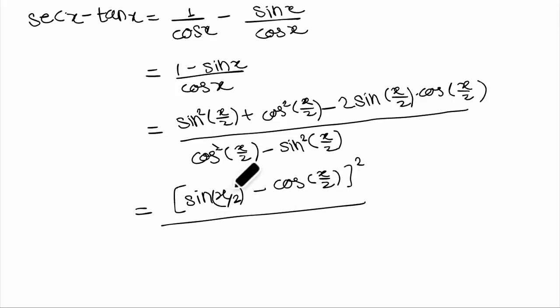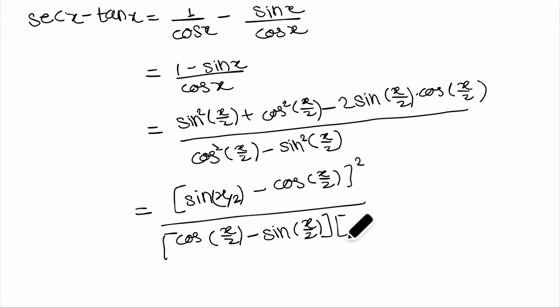In the denominator, it can be written as (cos of x by 2 minus sin of x by 2) into (cos of x by 2 plus sin of x by 2).